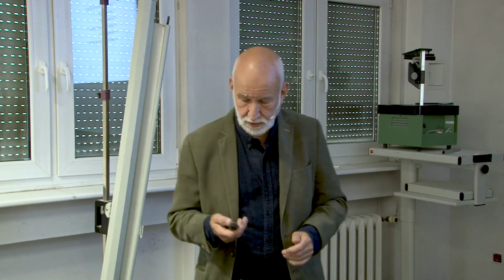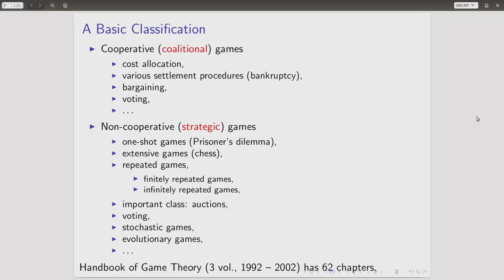So I will continue with this classification. It's a never-ending story. You should start perhaps by reading the bottom line. There is an ongoing project which is called Handbook of Game Theory, and until now 3 volumes appeared, and in total it has by now 62 chapters.